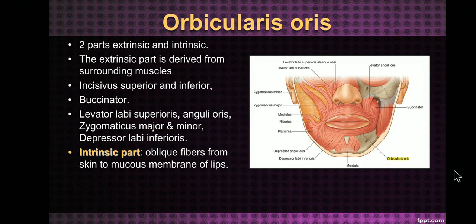The intrinsic part has oblique fibers from the skin to the mucous membrane of the lips. That is the intrinsic part of the orbicularis oris muscle, and it mainly closes the lips. The intrinsic part compresses the lips against your gum and teeth, and the superficial fibers, or the extrinsic part, are mainly responsible for pouting or pursing the lips, protruding the lips.